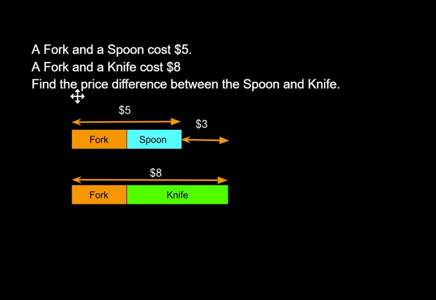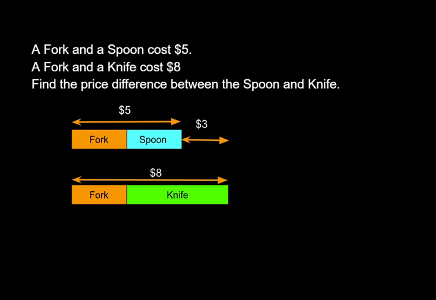Find the price difference between the spoon and the knife. From here, I straight away know that the difference is $3. Do I know the price of the fork or the spoon or the knife? The answer is no. I only know the price difference between the spoon and the knife. Why? Because the fork is the same price, and both have the same fork.